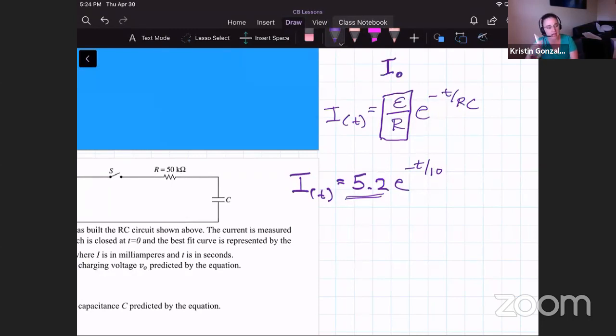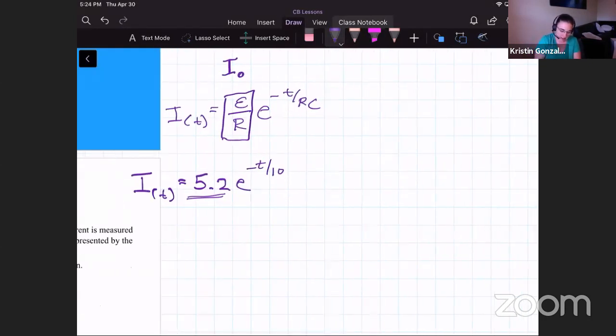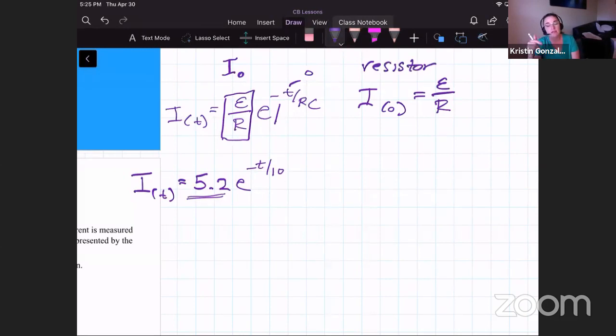Because if we go back to our equation here, if I were to put 0 in for my t, well, what is e to the 0 power? That's 1. So this would become 1, and I'd be left with just E over R. So the current at time 0 is just equal to E over R. And this is through the resistor. So when we write these equations, this is for the current through the resistor as a function of time.